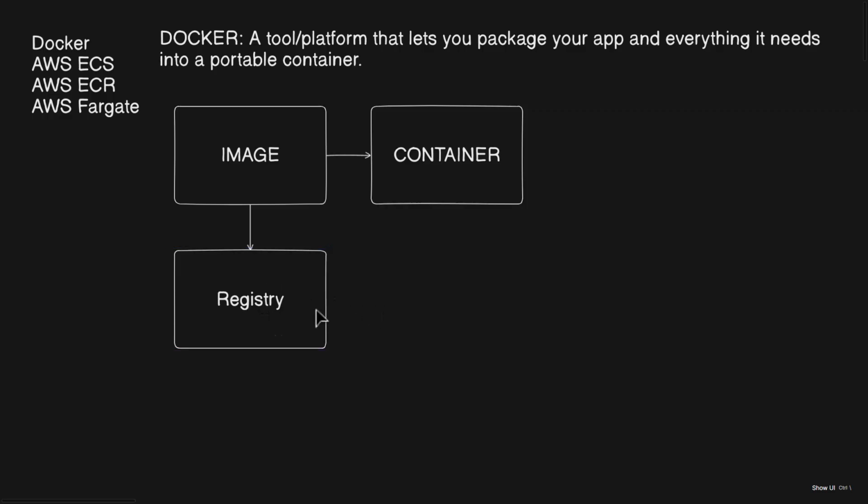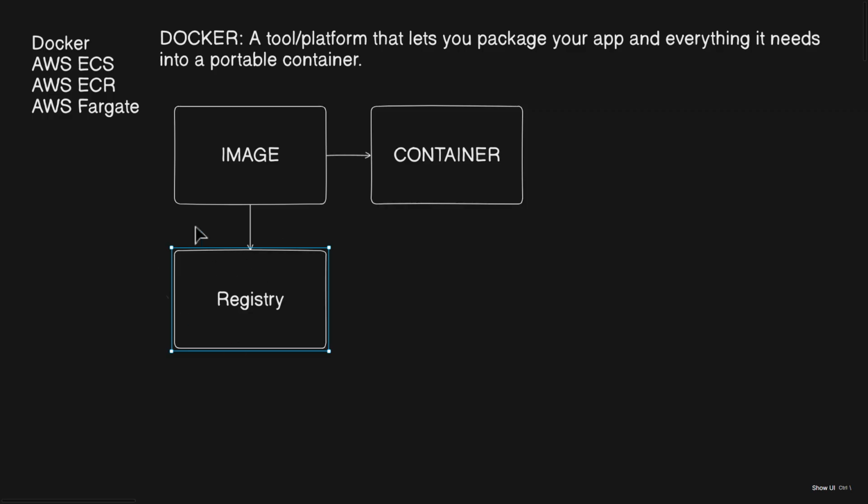So a registry is a place. It's like a storage place for your Docker images. If you are creating some images, let's say you're working on an open source project and you converted that into a Docker image and you want to share it with the world, you will host it on a registry. Now it's not like all the images hosted on the registry are public. You can even have private images defined.